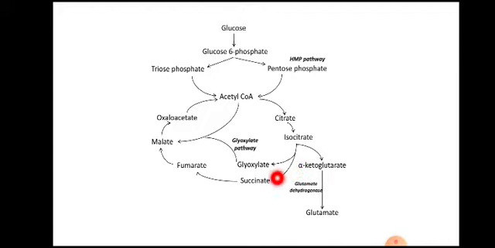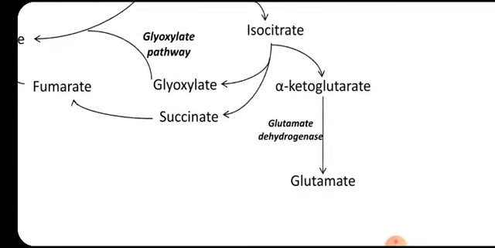So that enzyme is absent in Corynebacterium glutamicum. As this enzyme is absent, there will be no conversion of alpha ketoglutarate to succinate. Instead, alpha ketoglutarate is converted to glutamic acid through the action of glutamate dehydrogenase.